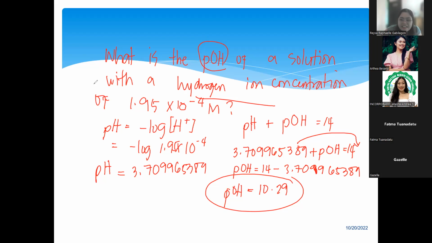Dili ma'am, kanang 14 po minus negative 13 akong na-encode sa calculator. Ah, okay, that is just 3.709965389. Okay, ano yung i-add? Yeah, given ang 14. This is always constant here, the 14. Given na yan siya.